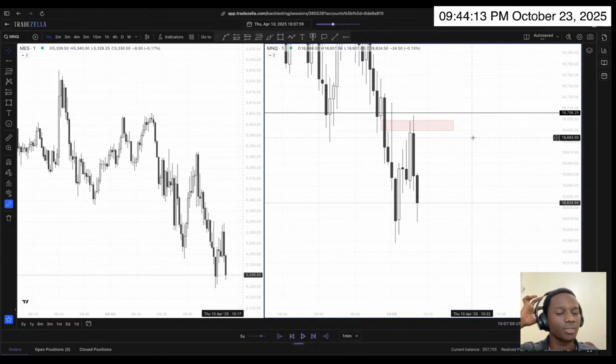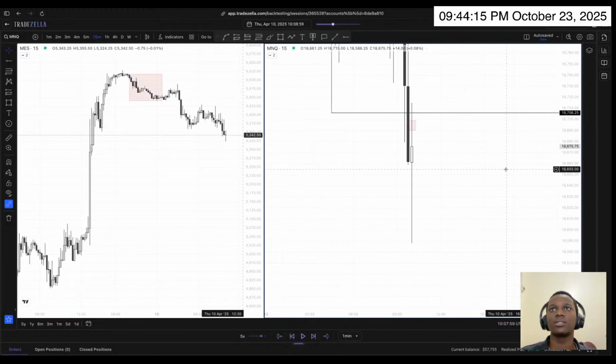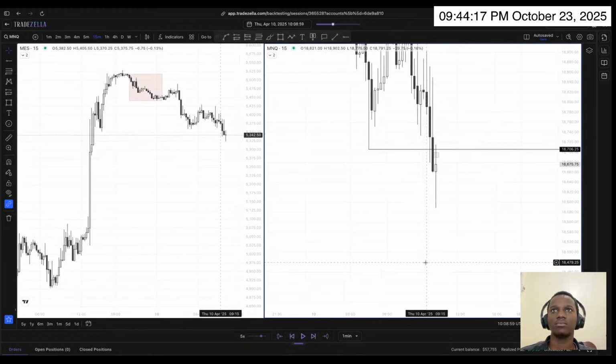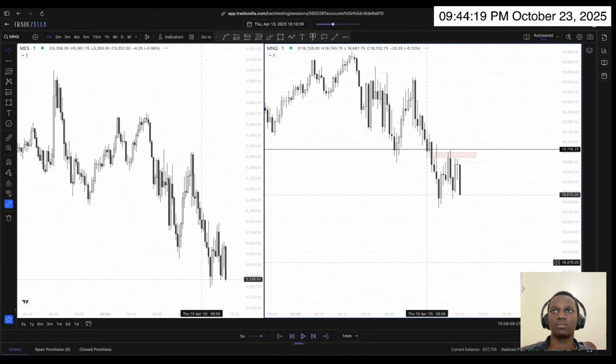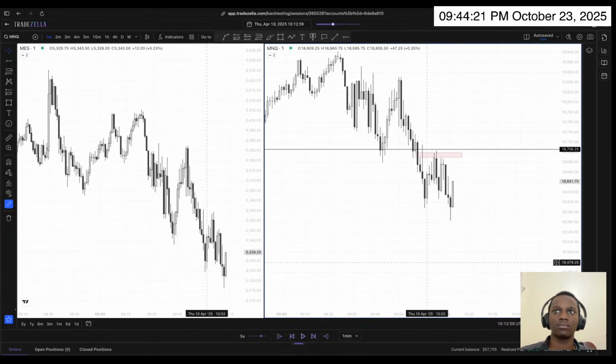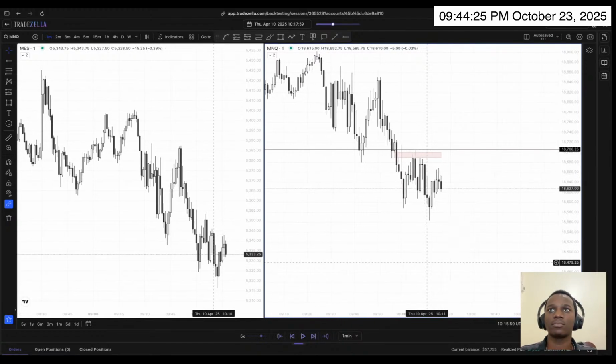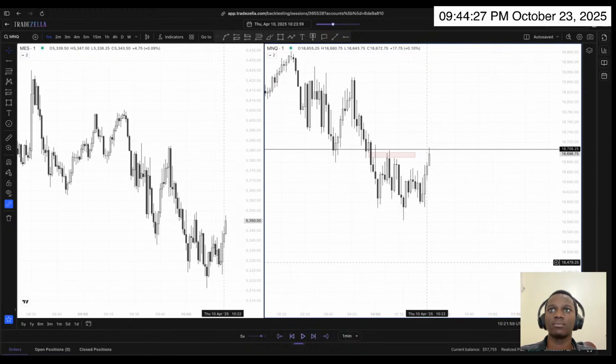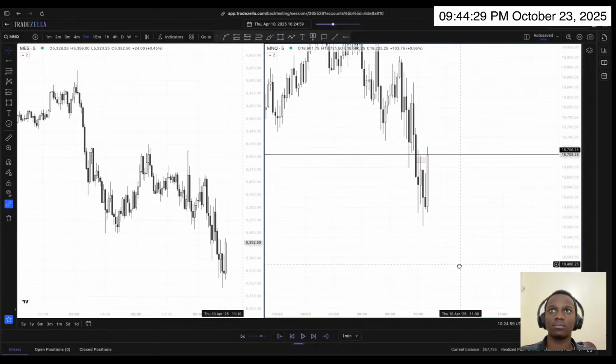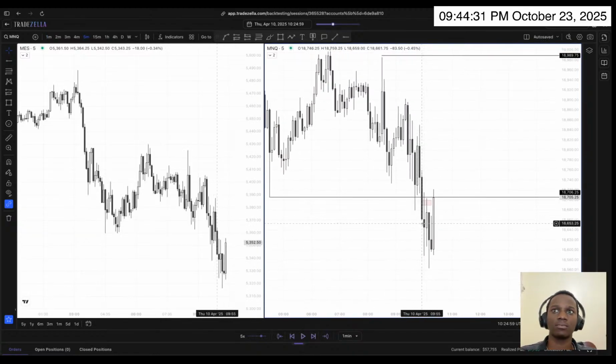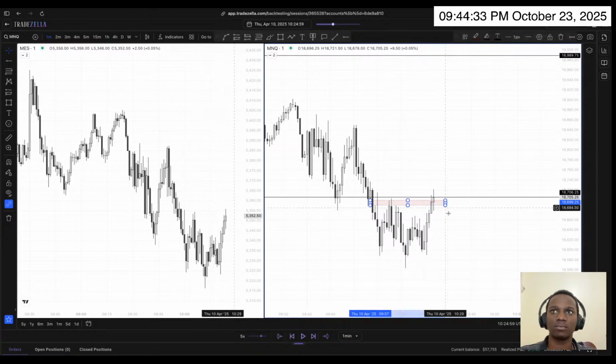Look at how the first presented fair value gap holds, and the inversion gets put in.